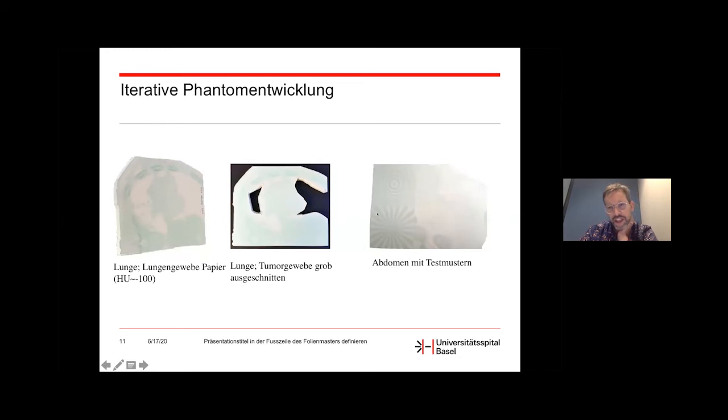The other thing we looked at was test patterns, like these stars where we know the angle between the lines, and we know the resolution and the density between the rings, so that we have a phantom that copies the clinical anatomical situation but also provides a more formal measurement of image quality.